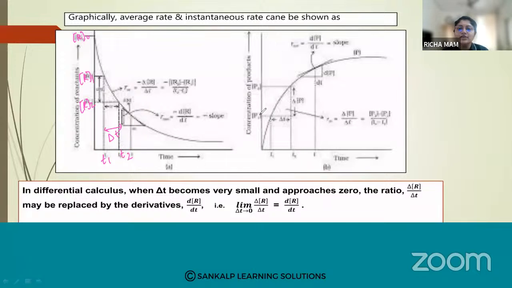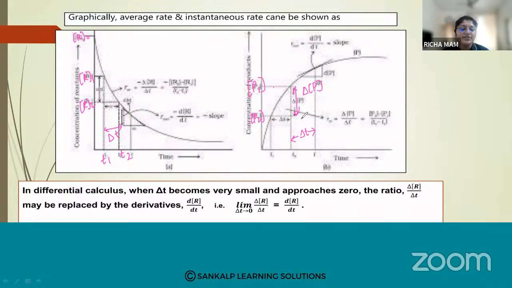Then here this is P2 and this is P1, and this is the change delta P over the change in time.